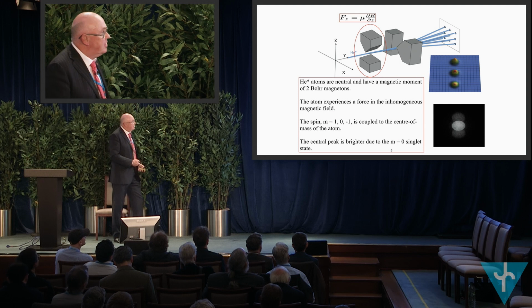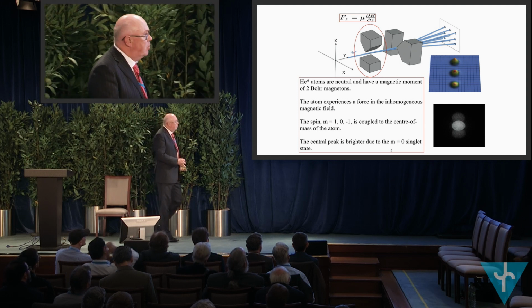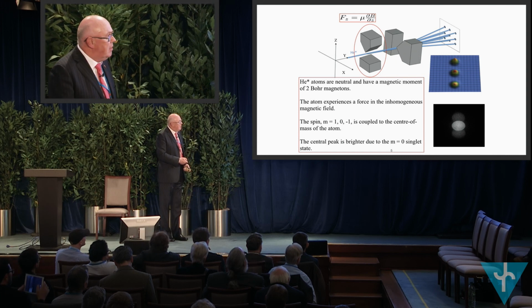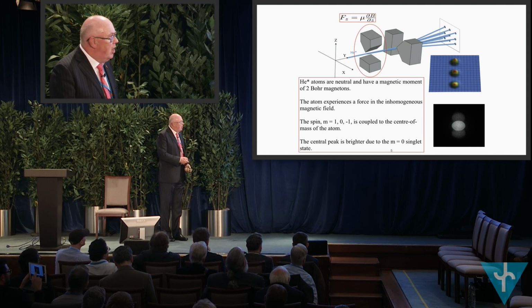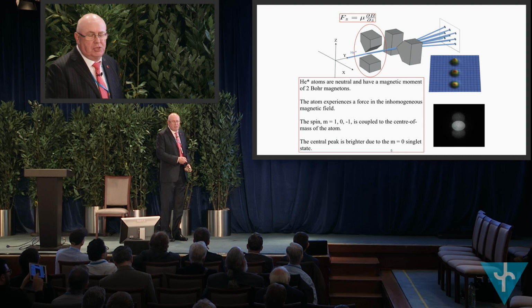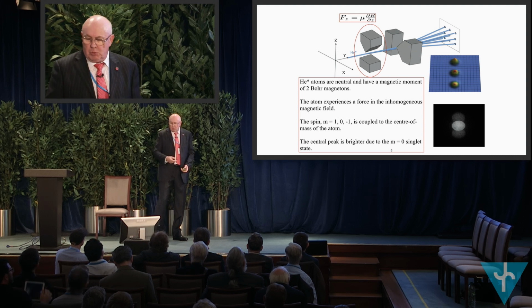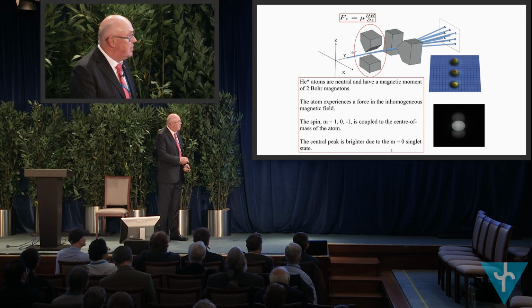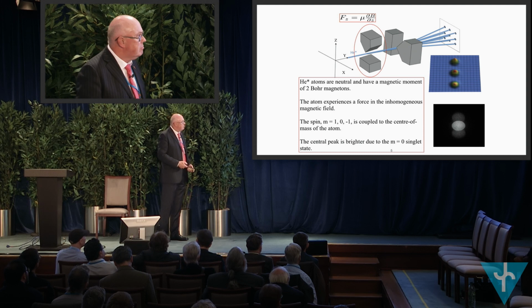And this is our real data. I call it our traffic lights picture. The reason the middle one is brighter is because of the spin zero state, which is much more numerous than the other two, and that's why the central one is brighter. But the important ones are the +1 and -1 there.